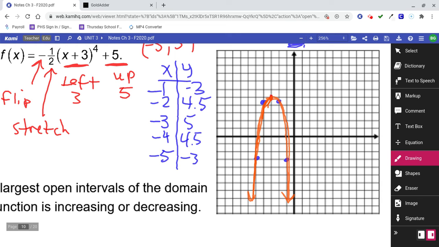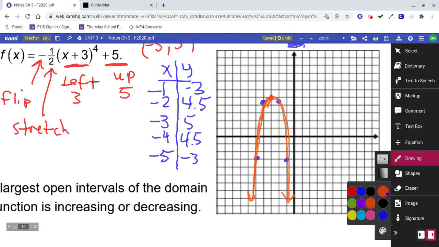So they asked that same question about intervals for which it's increasing and decreasing. You can see this one's a little bit different. It's not increasing the whole time. It's not decreasing the whole time. It's increasing for a while, and then it's decreasing for a while. This question is asking about the domain, so you would squash it onto the x. You would only talk about the x part.